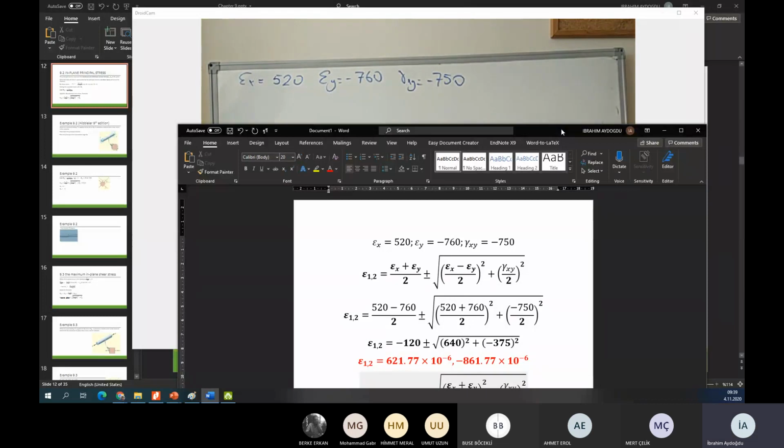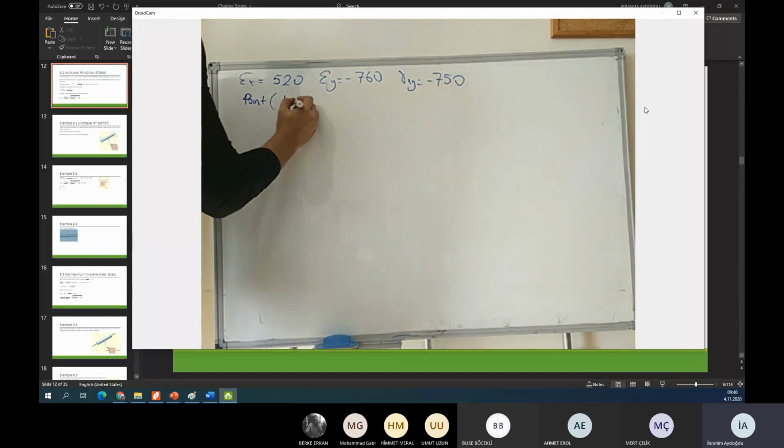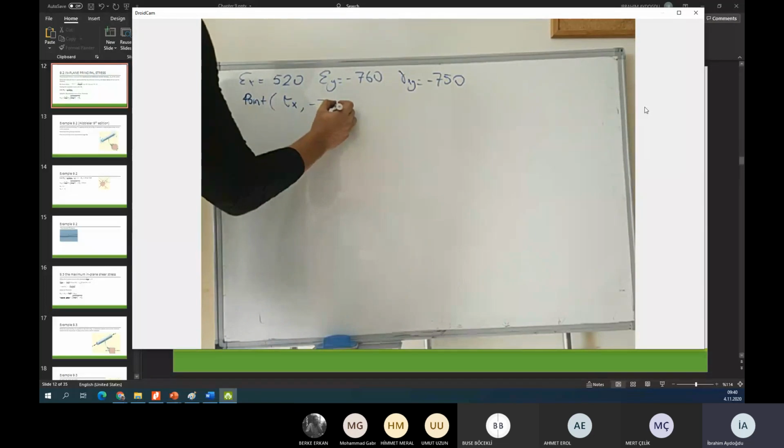Okay. We will use a similar strategy for strain transformation for drawing the Mohr circle. Just don't forget, we will use gamma xy over 2 for tau xy. Remember for the first point in stress transformation, we are using sigma x, minus tau xy.